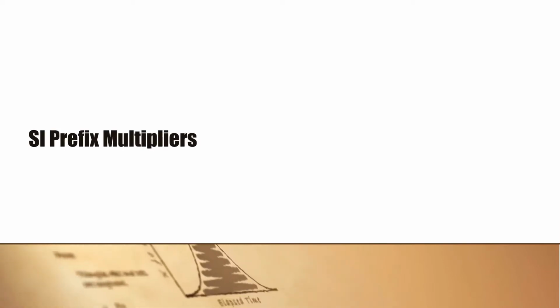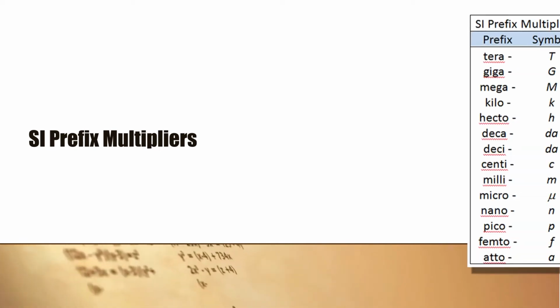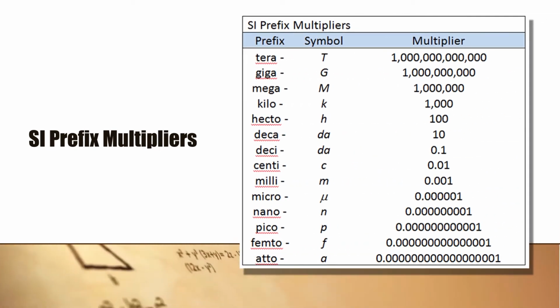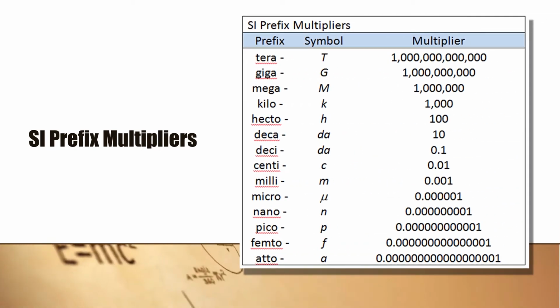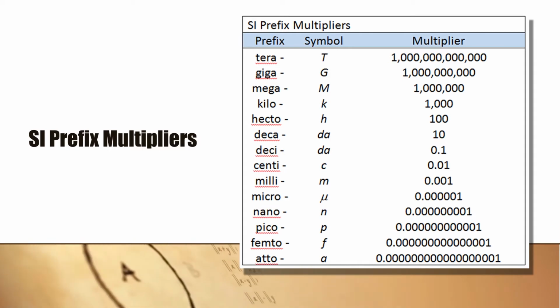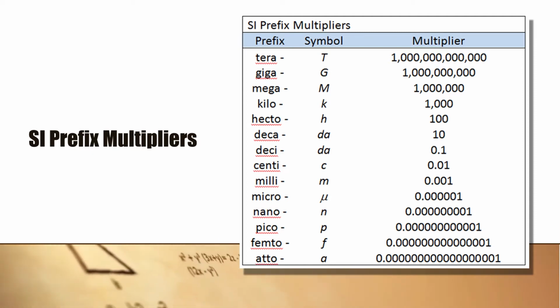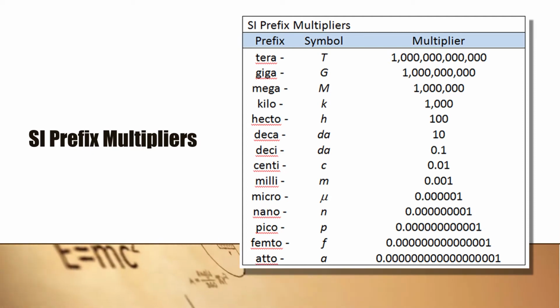The SI system is much simpler in that it uses a common prefix multiplier to scale any unit of measurement. An extensive table of these SI prefix multipliers is shown. Again, we don't care what the unit of measurement is since we can scale it to any size we require using the prefix multipliers on the table.